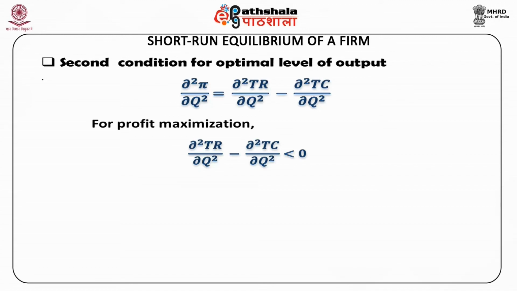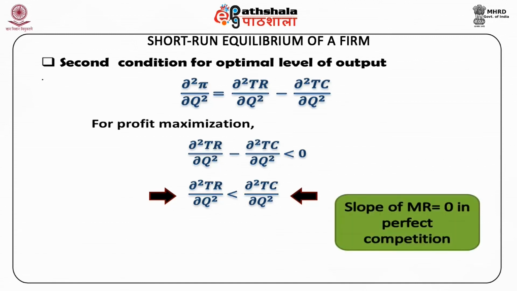Thus, we can write this as ∂²Total Revenue/∂Q² less than ∂²Total Cost/∂Q². This side represents the slope of the marginal revenue curve and this represents the slope of the marginal cost curve, so that the slope of the marginal revenue curve is less than the slope of the marginal cost curve.